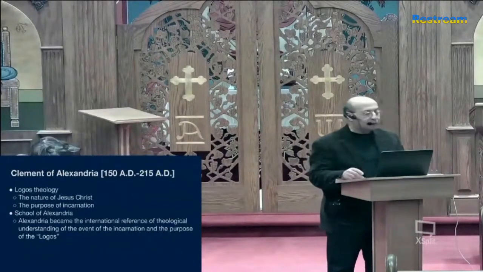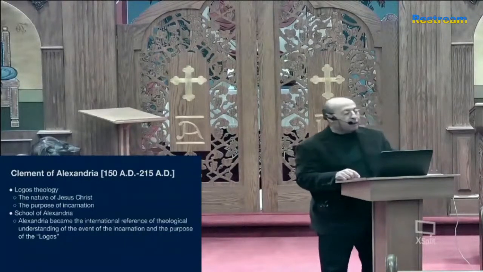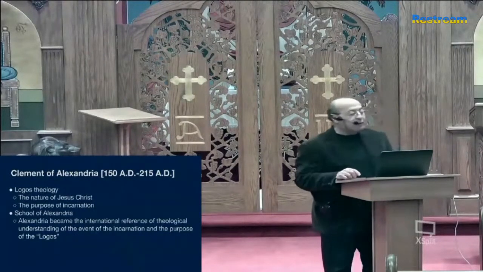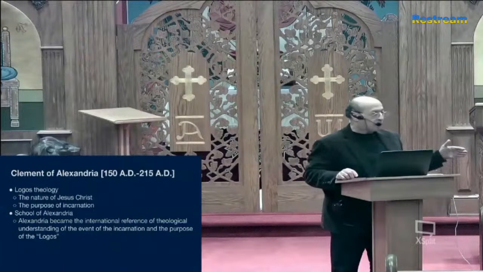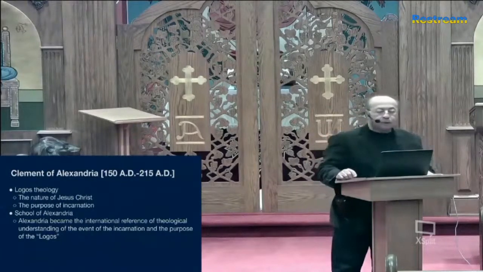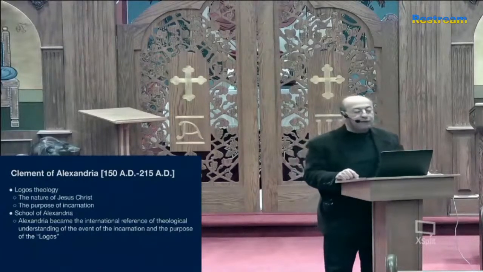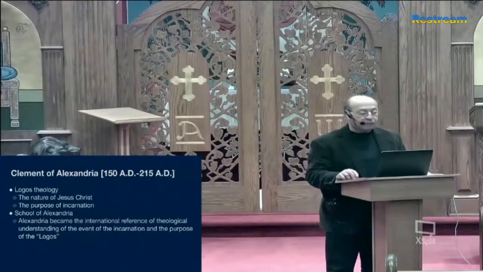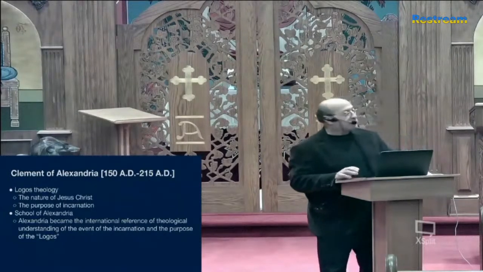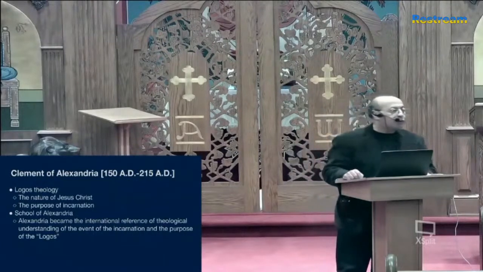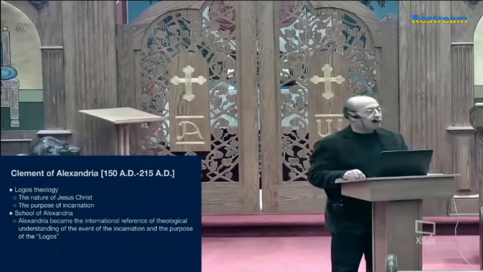So, has anyone heard about Clement of Alexandria? We say his name in the praise, right? Clemens, yeah. He lived from 150 AD to 215 AD. That's what, 65 years? By the way, unfortunately, 65 years was kind of old in those days. The average age was much less than the average age we have right now.